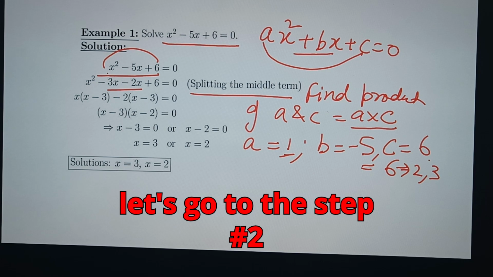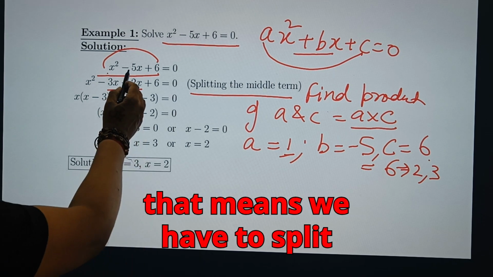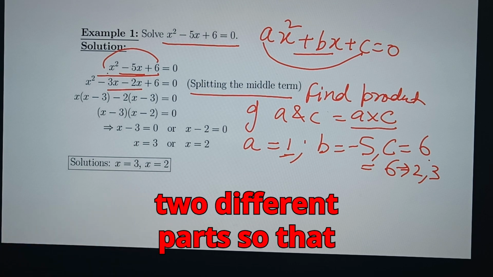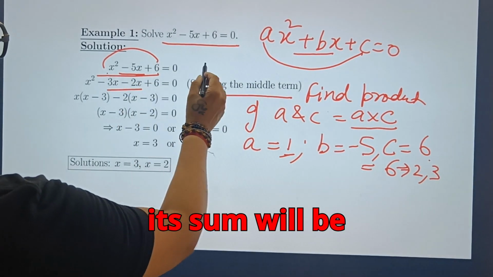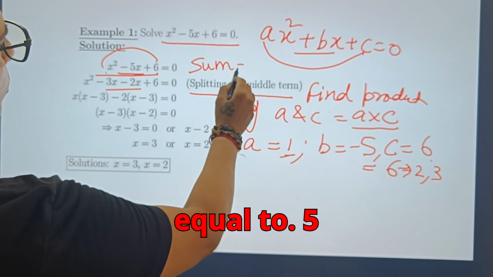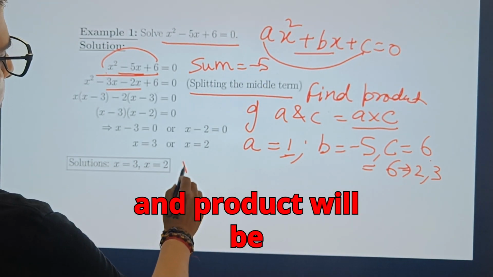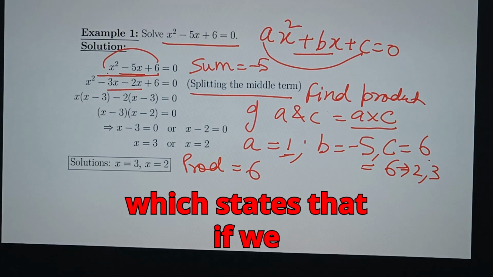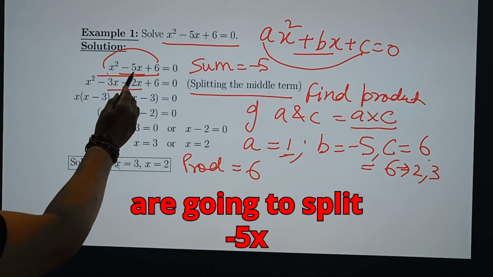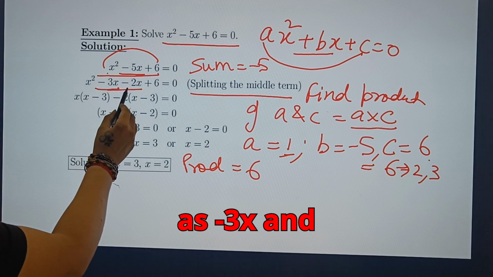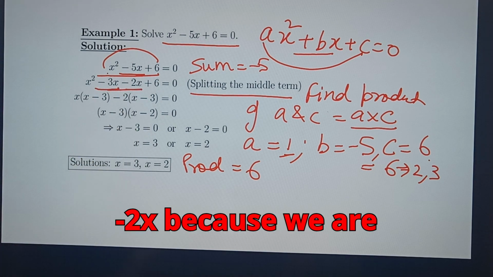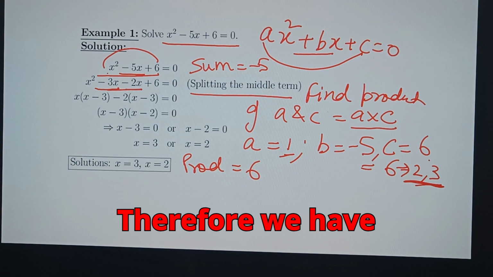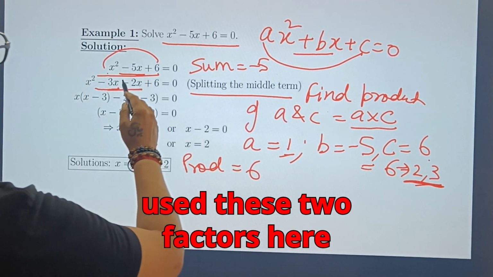Now let's go to step number 2. That means we have to split this minus 5 into two different parts so that its sum will be equal to minus 5 and product will be equal to 6, which states that we are going to split minus 5x as minus 3x and minus 2x, because we are also having these two factors here, therefore we have used these two factors here.